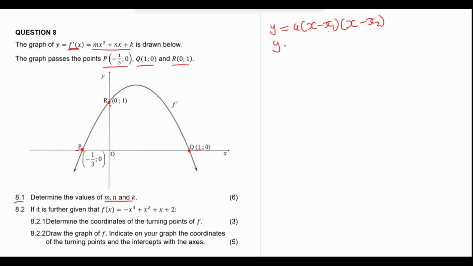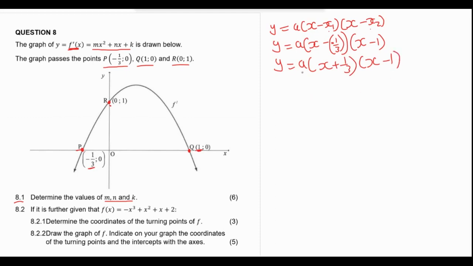Right, so we have y is equal to a, and then x minus negative 1 over 3, and then x minus 1, which becomes y is equal to a, x plus 1 over 3, then x minus 1. I'm using the x coordinates of the x-intercepts.